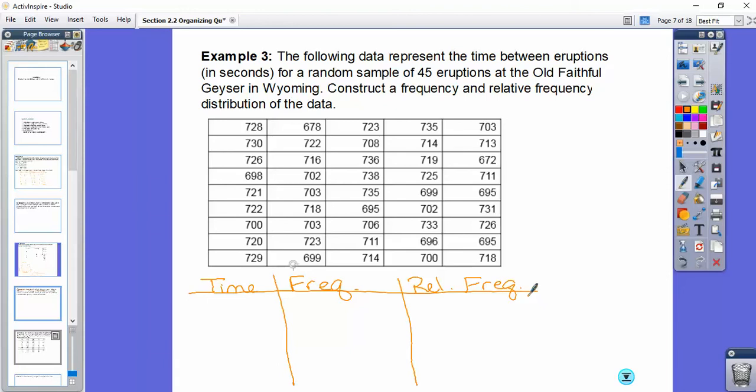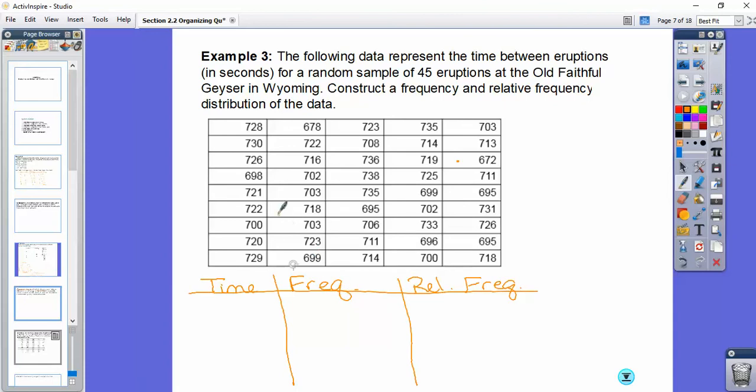Okay, let's make our ranges. If I'm looking at this, the smallest value I see, I've got a 672. And I think that's the smallest one.